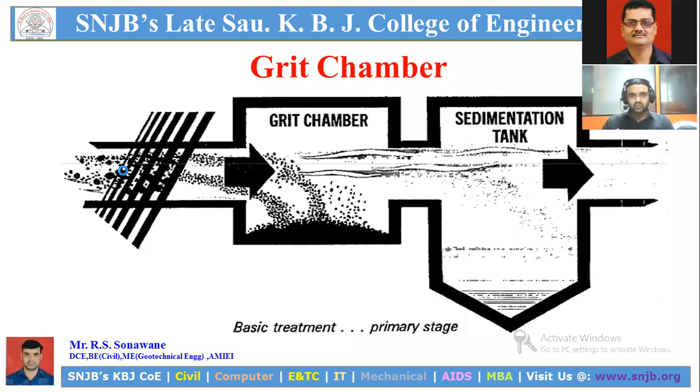After screening, you know that screening works on removing the floating material. So the material that cannot be removed by a screen or screen chamber comes into the grit chamber.